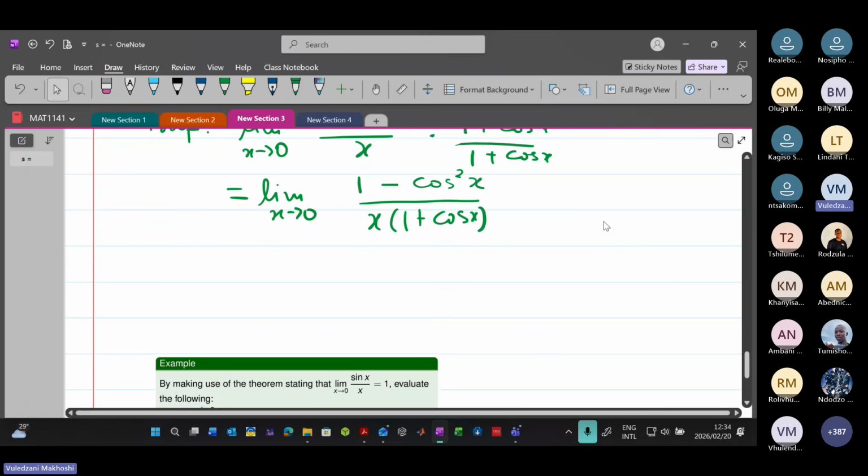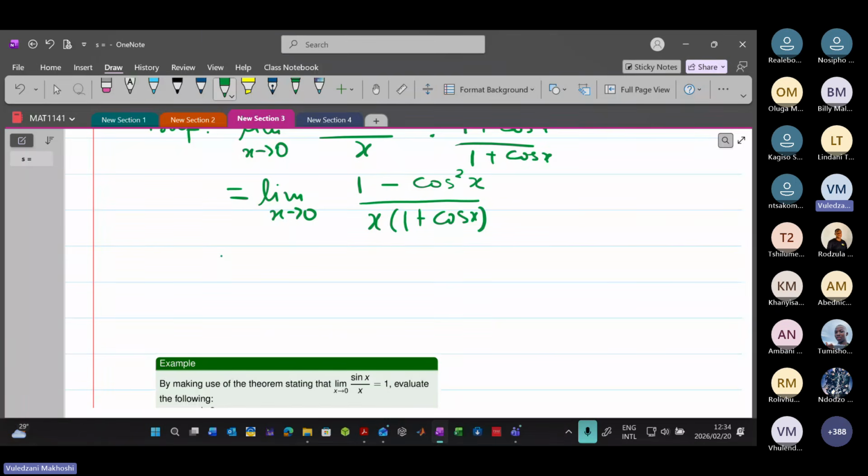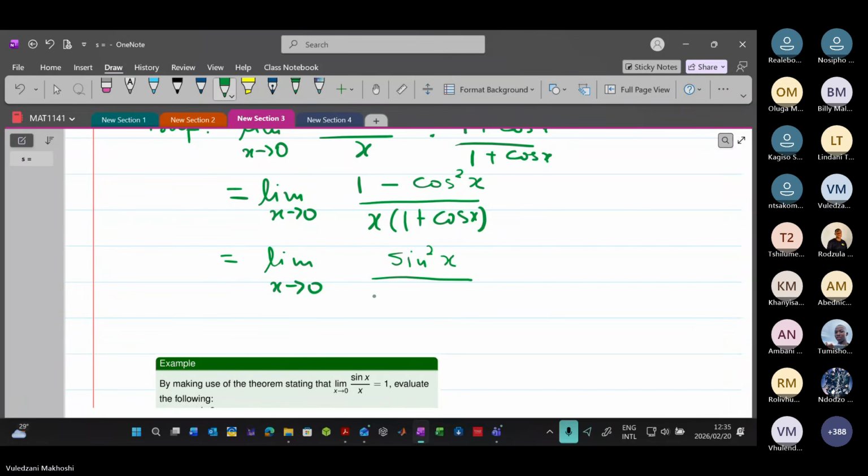So this is going to give us the limit as x approaches 0. 1 minus cosine squared of x is sine squared of x, divided by x into 1 plus cosine of x.